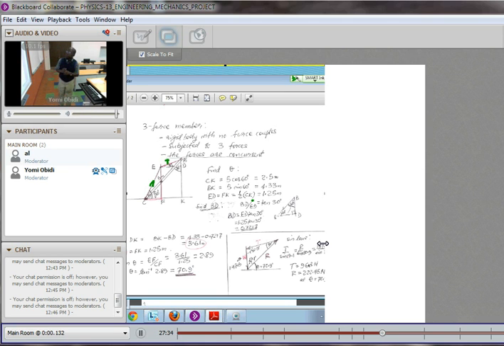To proceed, the first thing we probably want to do is find this angle. We know this angle is 60 degrees. So how do we find it?